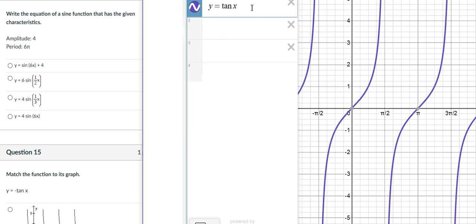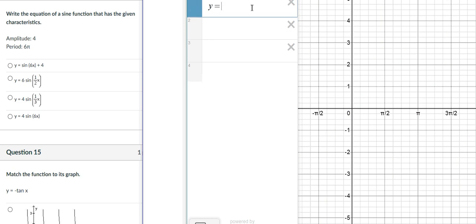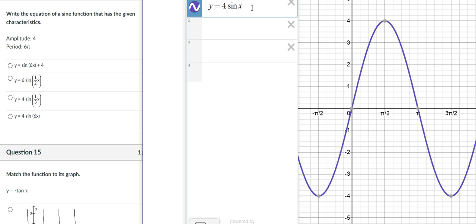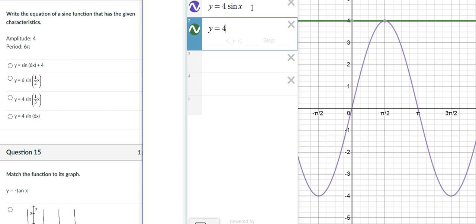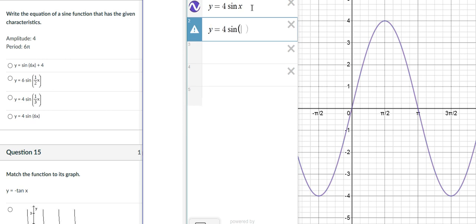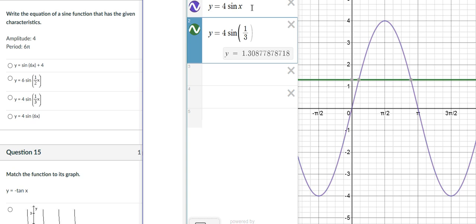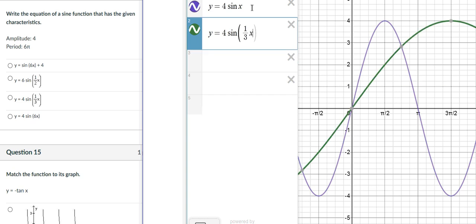If you have a here, let's say 4 sine x, then y equals 4 sine of 1 divided by 3, and x is going to be like this.